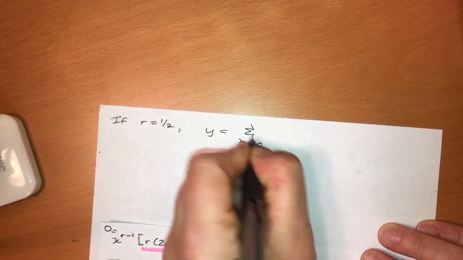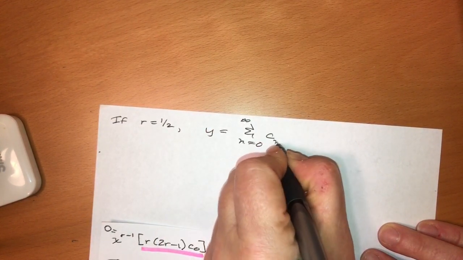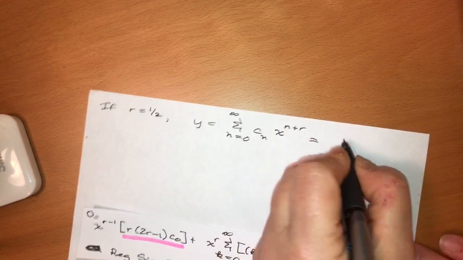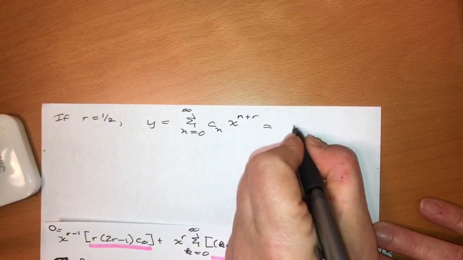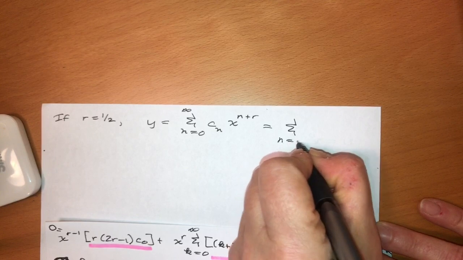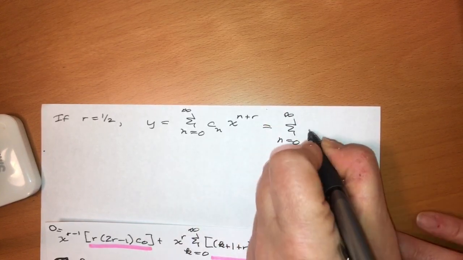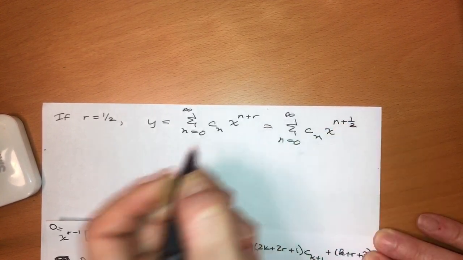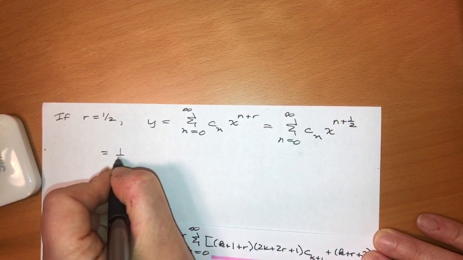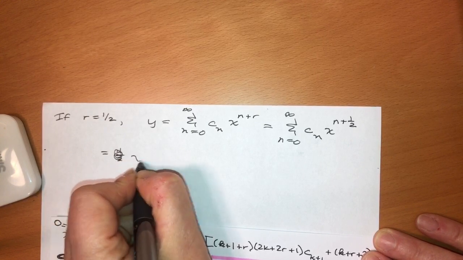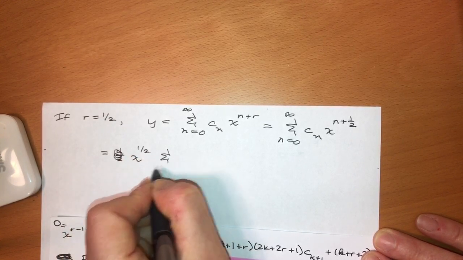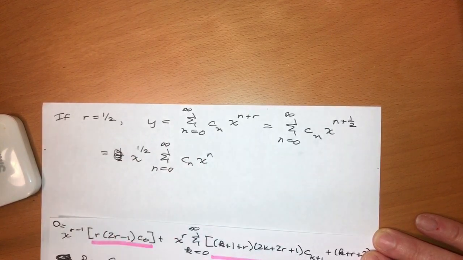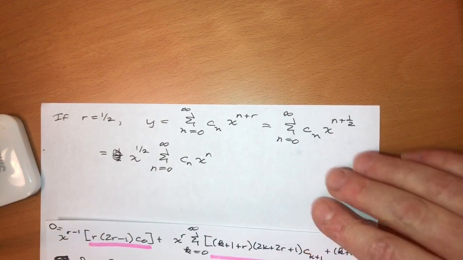Remember, we assumed that our series had this specific form, which using powers of exponents can be factored that way.